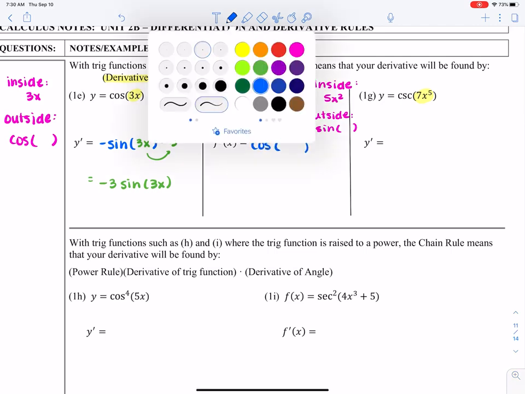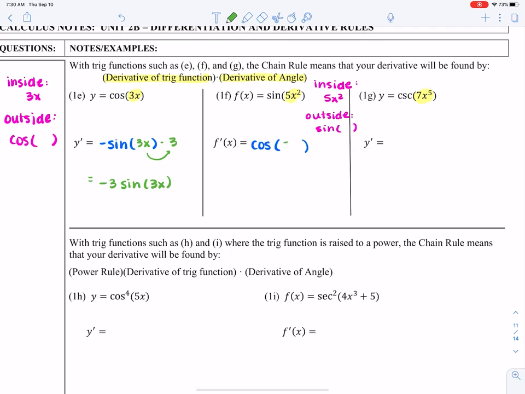And we're going to leave the inside alone, because remember, we don't touch the candy shell until we take the wrapper off. Then we're going to multiply by the derivative of the inside, which will give us 10x. We do tend to write the 10x in the front, but even if you wrote it in the back, that's okay. And I've got my final answer.